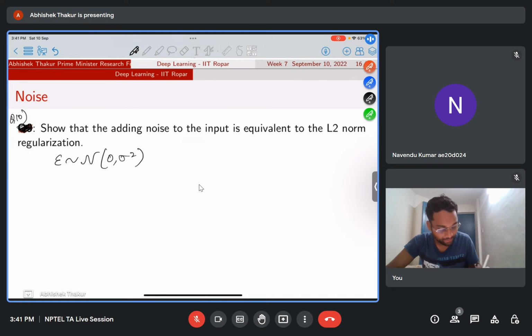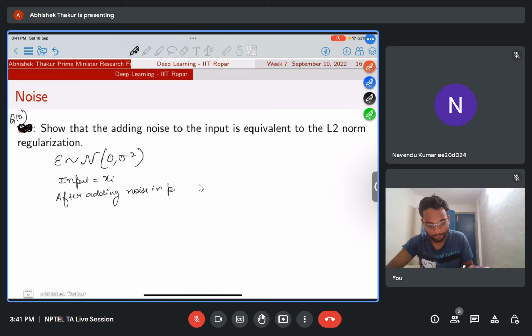And let's suppose our input is xi, but after adding noise in input, xi tilde is equal to xi plus ei.